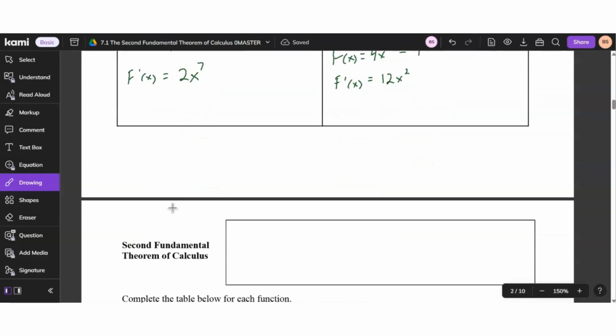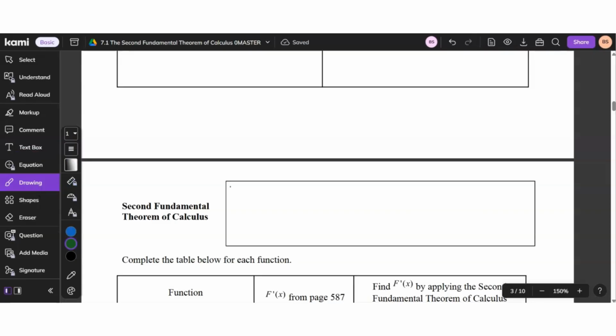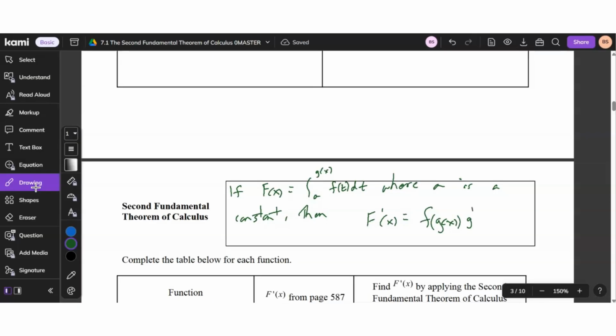Okay, and this brings us to what our actual second fundamental theorem of calculus is here. Actually, no, this is probably easier for me to write. So this states that if f of x is equal to the integral from a to g of x of f of t dt, where a is a constant, so a number, then this tells us that f prime of x is going to be equal to f of g of x times g prime of x.